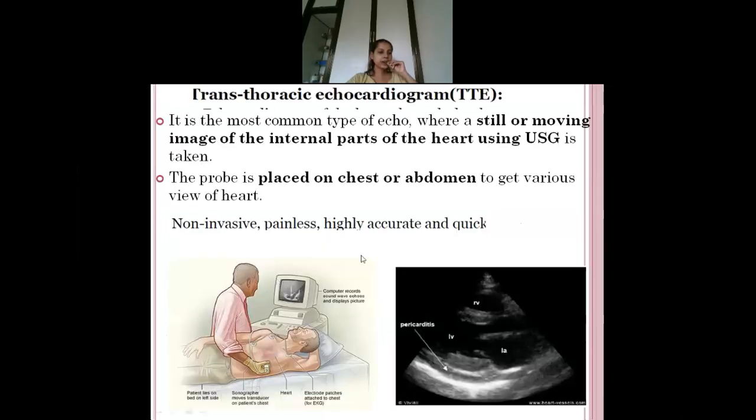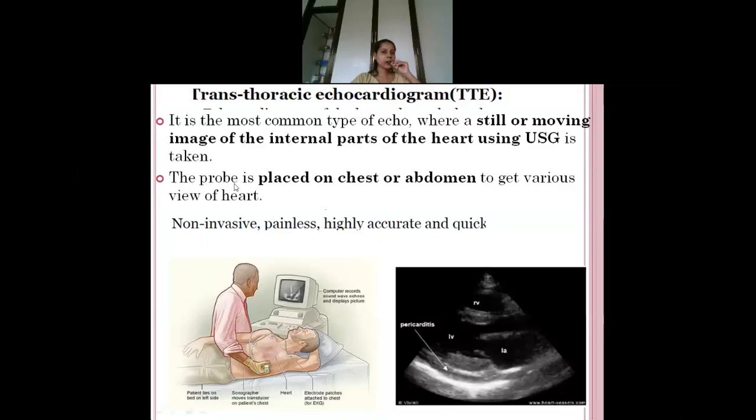Next one is TTE. TTE means transthoracic echocardiogram. Now transthoracic echocardiogram is also a type of echocardiogram where a still or moving image of the internal parts of the heart is recorded by the ultrasound, that is by echocardiogram.